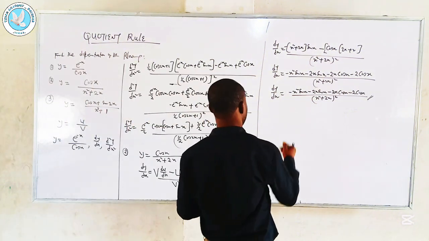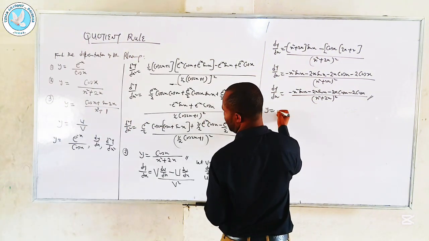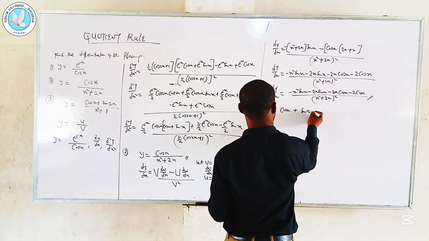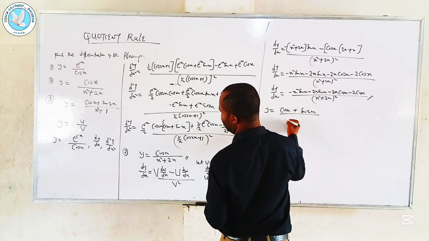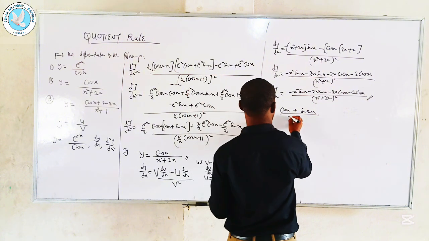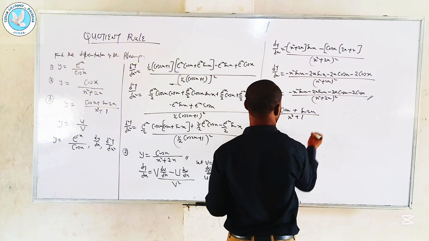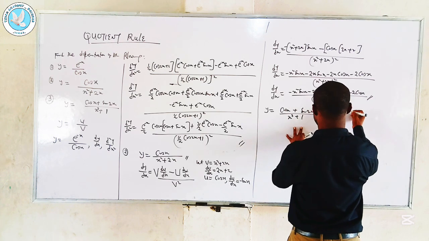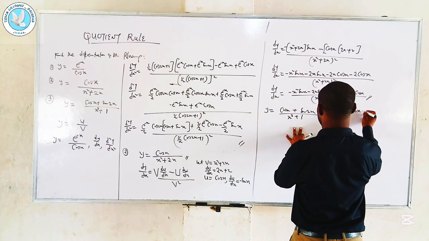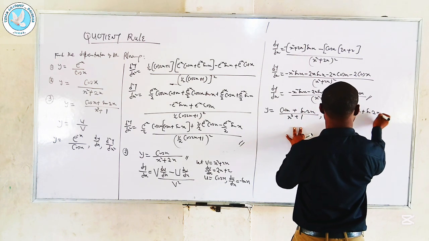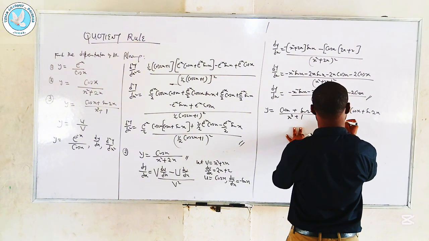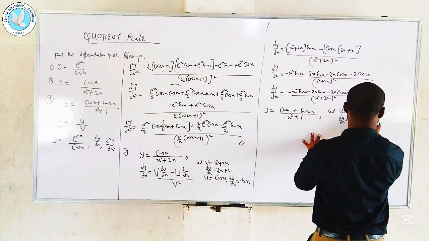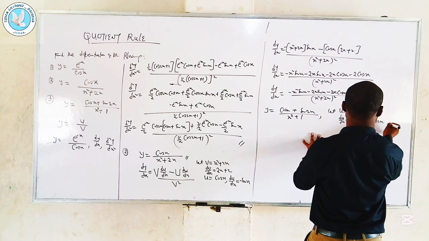Finally, the third question is y equals this plus 2x divided by x raised to power 3 plus 1. So we are saying let u be this plus 2x, and du/dx is minus sine and plus 2 this.